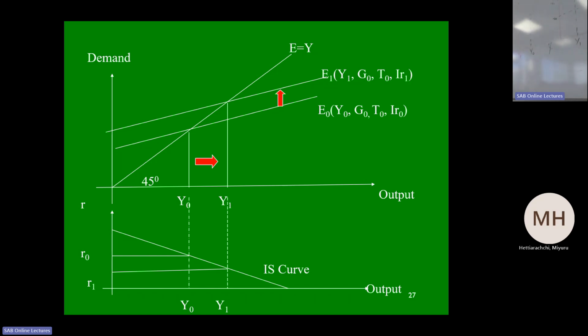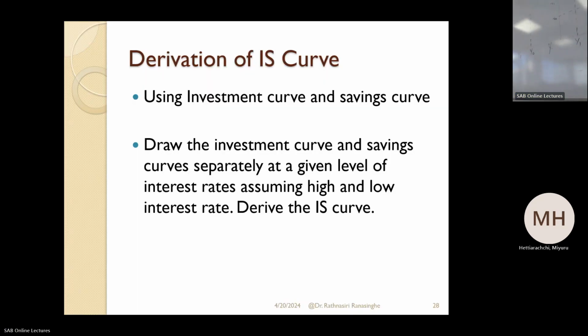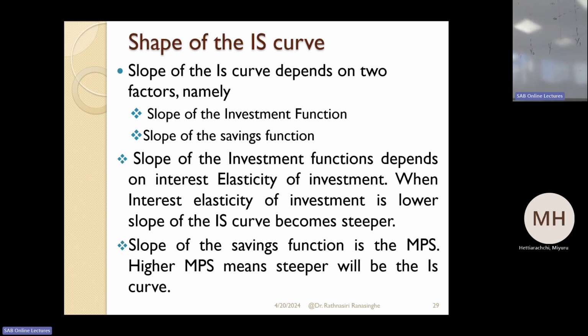So that is in the graph. Derive the IS curve based on the savings, then we can discuss the slope of the IS curve. So what determines the slope?